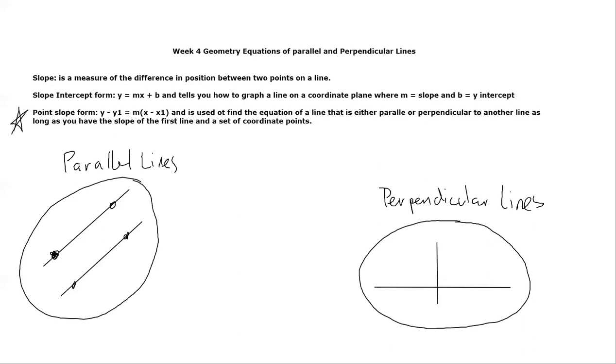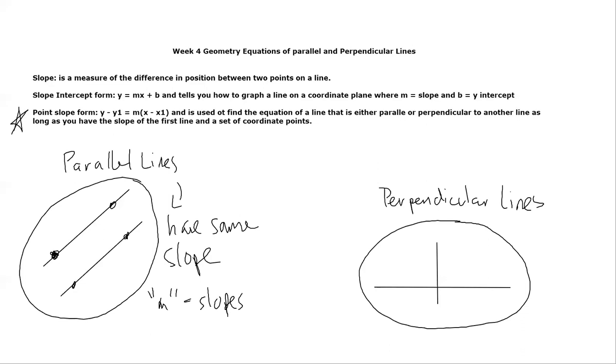If you think back and remember from a couple weeks ago, parallel lines just means that the lines have the same slope. Another way of saying slope is the m value, and this is going to be very important because we're going to use the m value in all the equations.